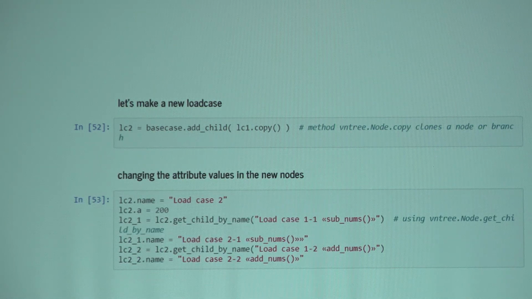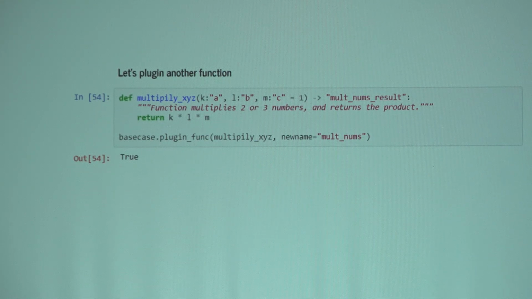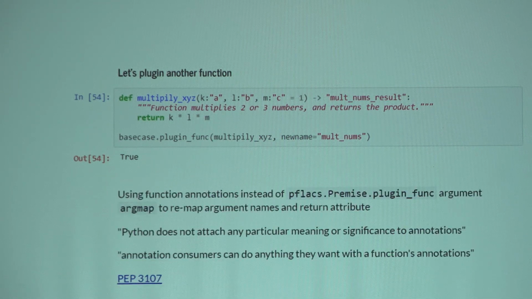Of course, it's just a clone, so we'll have to change the attributes so our new load case will do what we want. So here's another function. In this case, again, I need to remap the argument names, but I'm using function annotations. You might have thought function annotations were just for type hints, but actually, no, they can be used for other purposes as well.